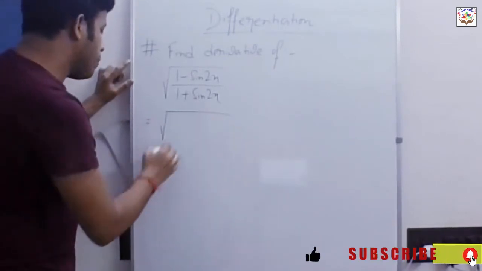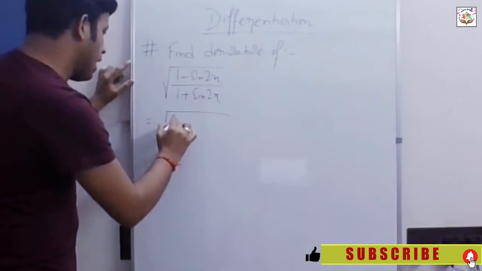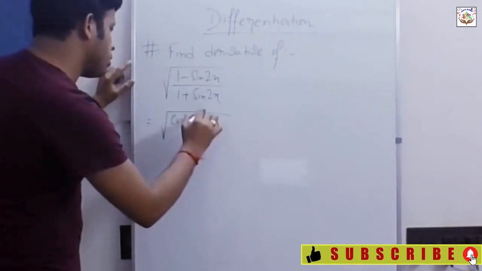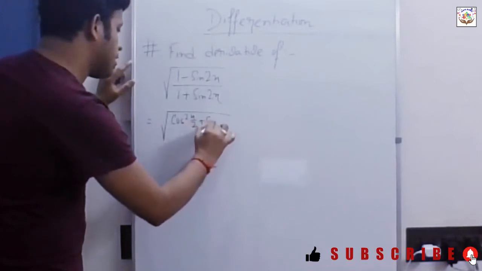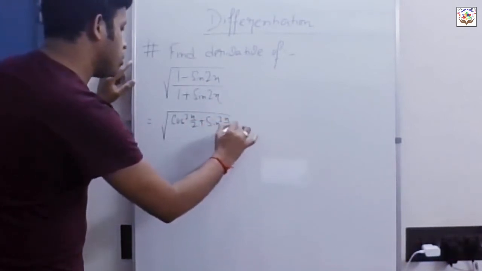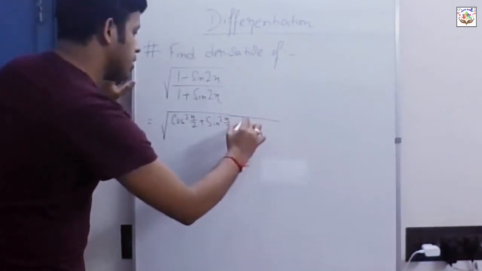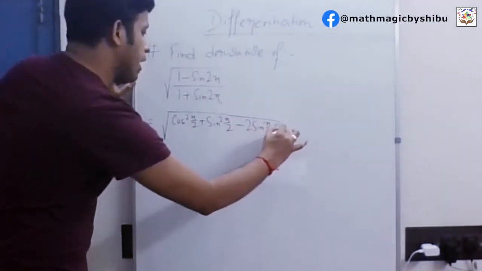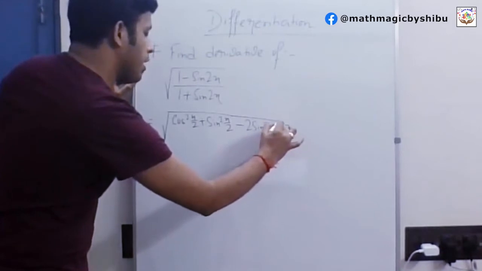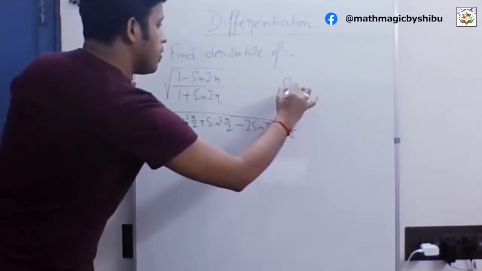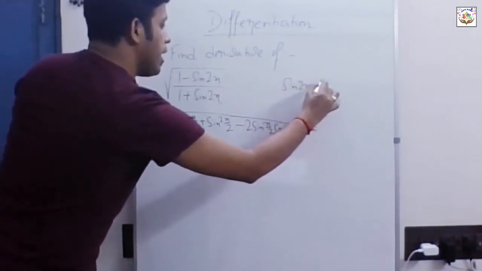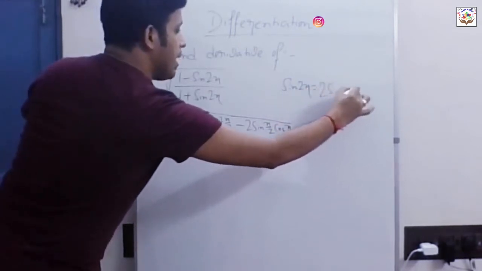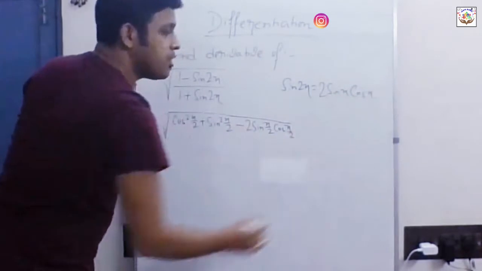So in place of 1, can I write cos square x by 2 plus sin square x by 2, minus the formula of sin 2x, which is 2 sin x by 2 into cos x by 2. From trigonometry we have the formula sin 2x is 2 sin x into cos x.